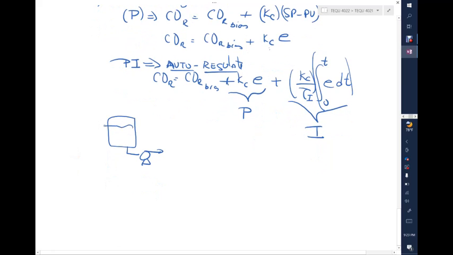You want to control, for example, the level, and you have an LI and an LIC, and this is going to the VFD of the pump like this, and you have a set point here.